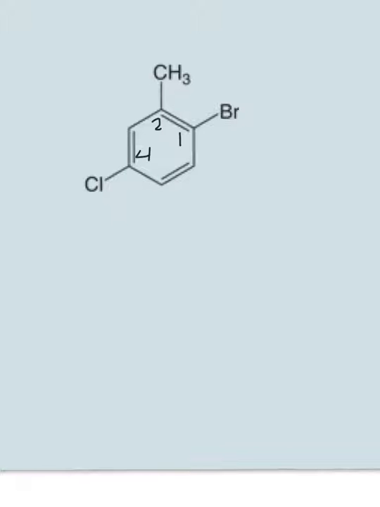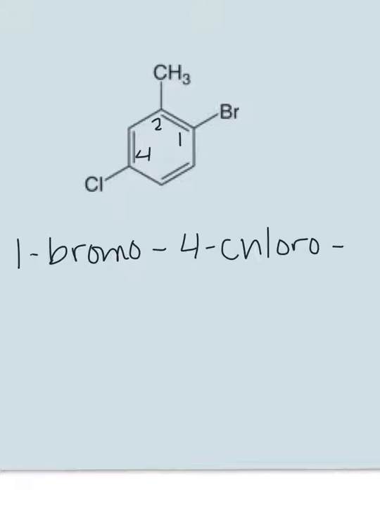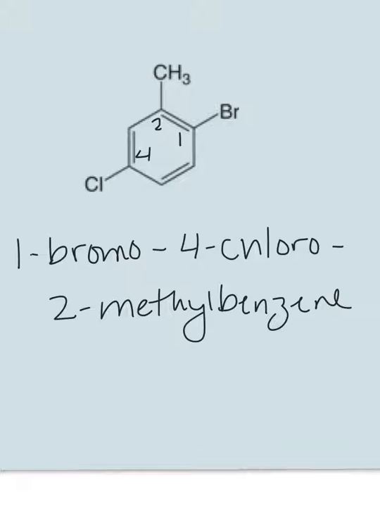So I would name everything in alphabetical order. You've got a bromine at carbon 1, so that's 1-bromo-4-chloro-2-methyl, and we'll use benzene as the parent. So 2 alternatives to name that compound.